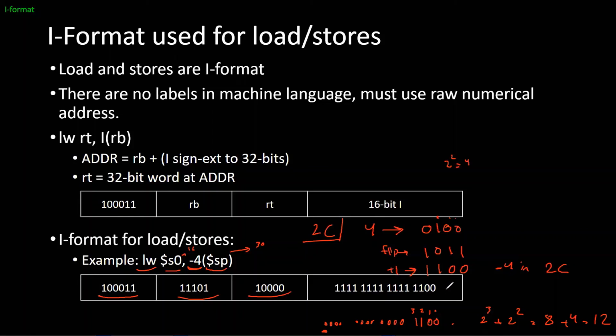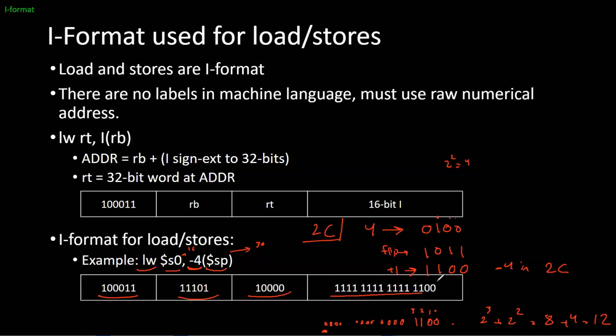Whenever you're dealing with a negative number like -4, and you're representing it in a larger space than the number, here you have 4 bits but there you have 16 bits, you have to sign extend. Otherwise, you're going to lose the value. If you sign extend to 16-bit, you're going to get this one.